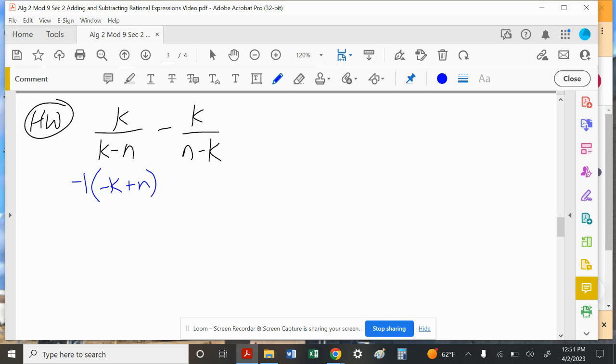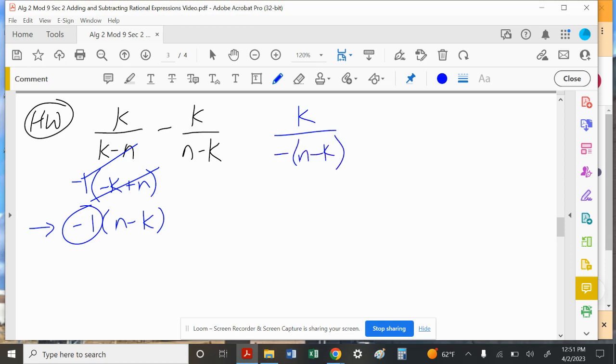Now notice I'm going to reverse those. So I'm going to have negative 1 times n minus k. Okay, so all that changes to this one. And then this one stays the same. So I just leave it as n minus k. So now I have a negative 1 in the denominator, so normally if I were to do this, k over negative 1 times n minus k, and we don't usually write the 1 there, over n minus k.